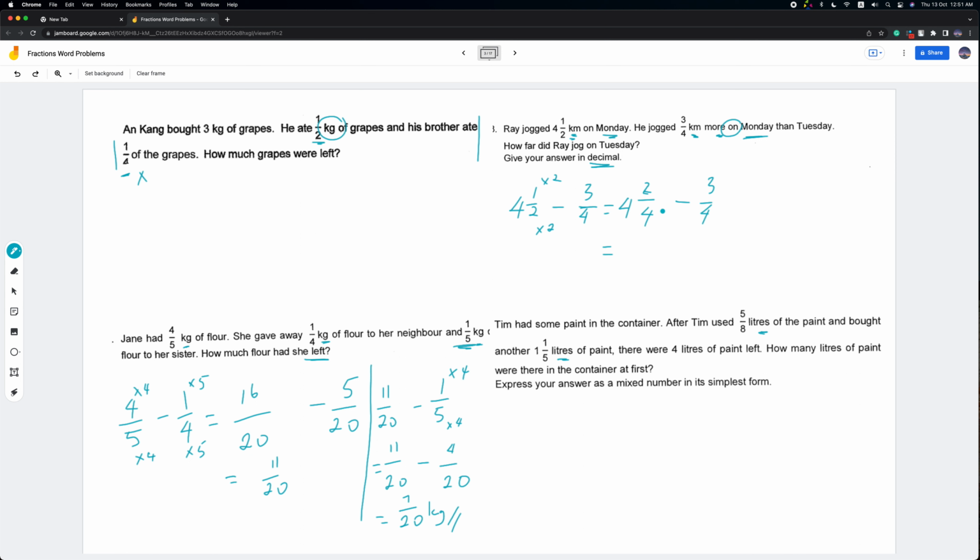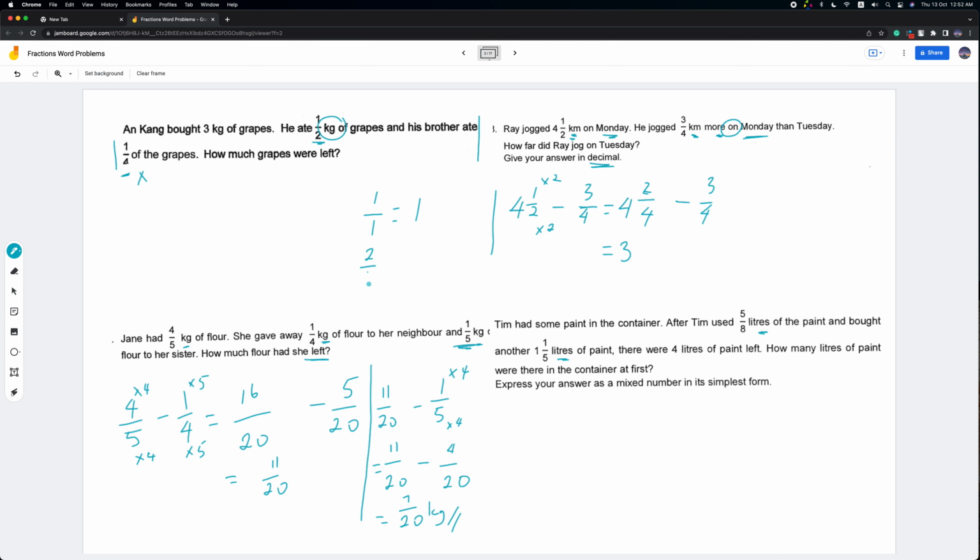So what can you do? You need to regroup. You need to take one whole from the 4 wholes. If you take 1 whole from the 4 wholes, the 4 wholes becomes 3 wholes. And 1 whole will be 4 out of 4. To recap, remember, 1 over 1, numerator and denominator the same, will be 1 whole.